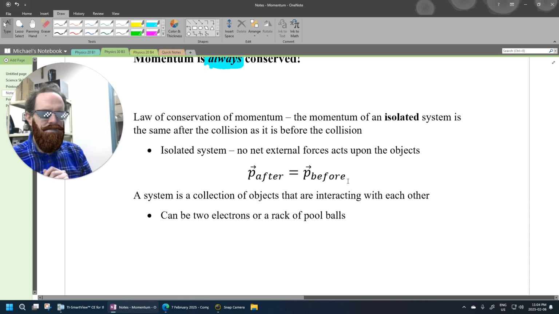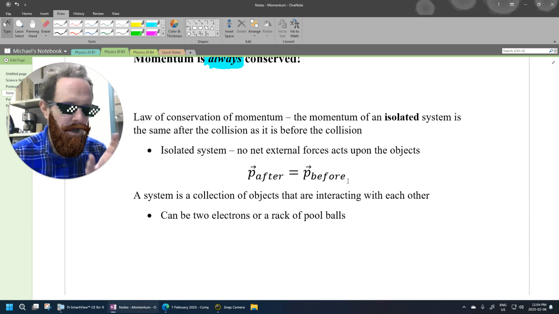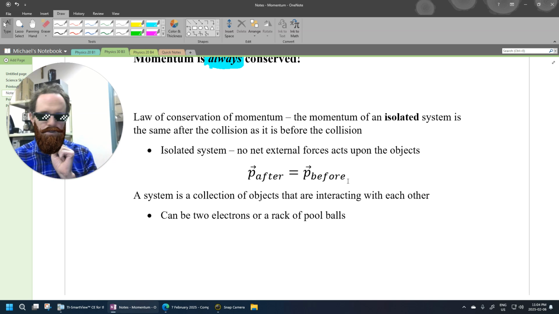Okay, so how this works is that in an isolated system, the law of conservation of momentum has to hold true, which also means there are no external net forces acting on these. All the forces can be within, because that's what's going to happen. You have these two objects inside the system. One is going to come along and hit the other and push it in that direction.